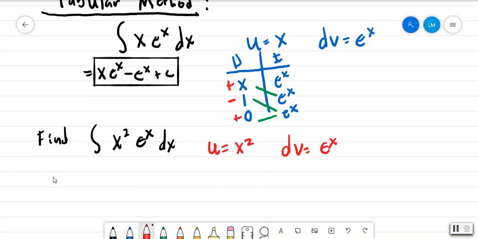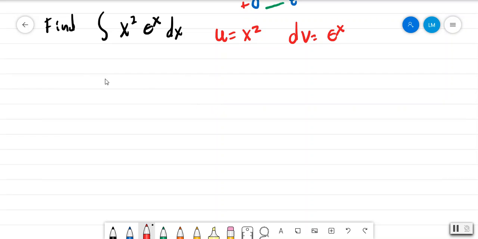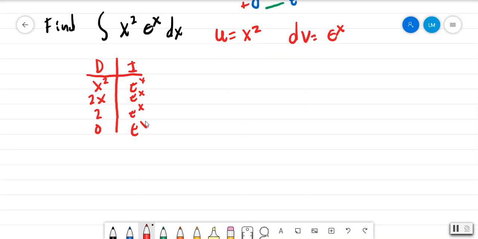So we make our table, and it is going to be as follows. We have x squared, 2x, 2, followed by a 0, followed by e to the x, e to the x, e to the x, and then e to the x.